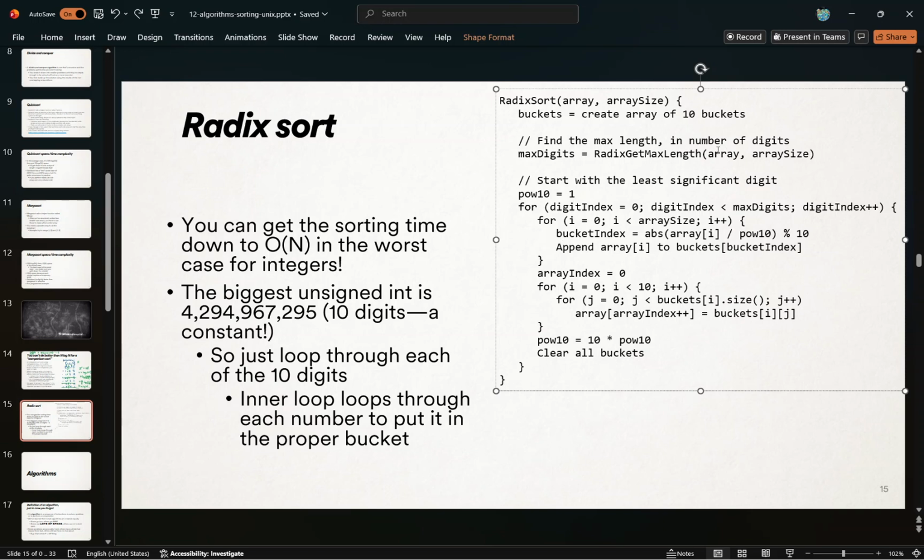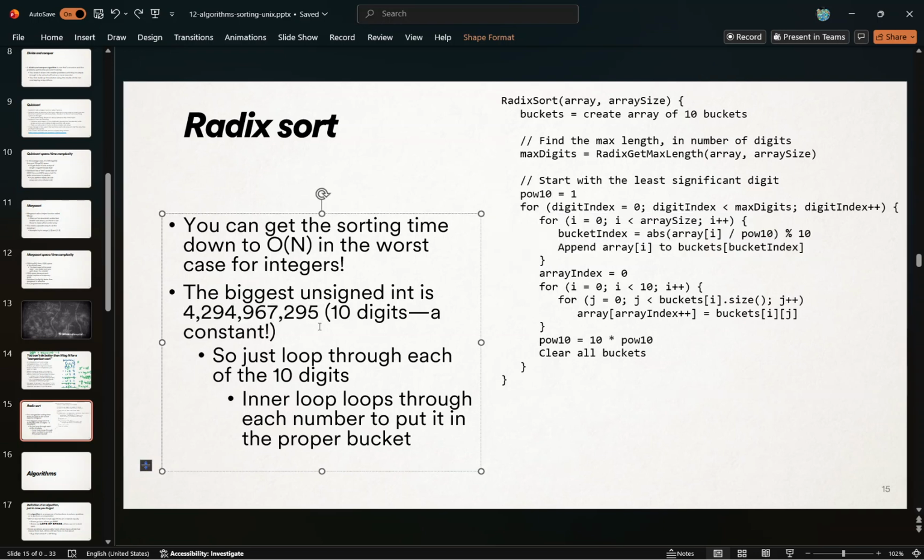There's going to be 10 buckets total, because you'd have 10 different digits that you're looking at. It's going to loop through how many maximum digits there are, and it's going to go through the array that many times. So if there's 10 digits max, it's going to go through the array 10 times, n times. And I'll show you that.